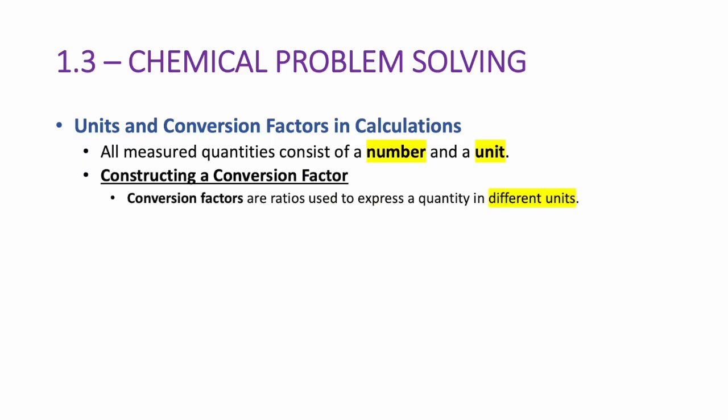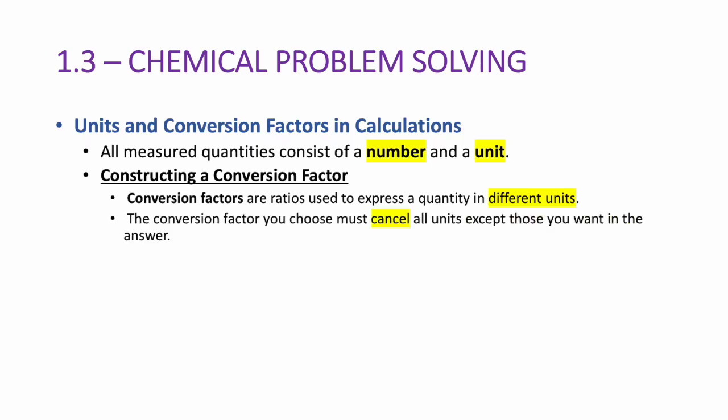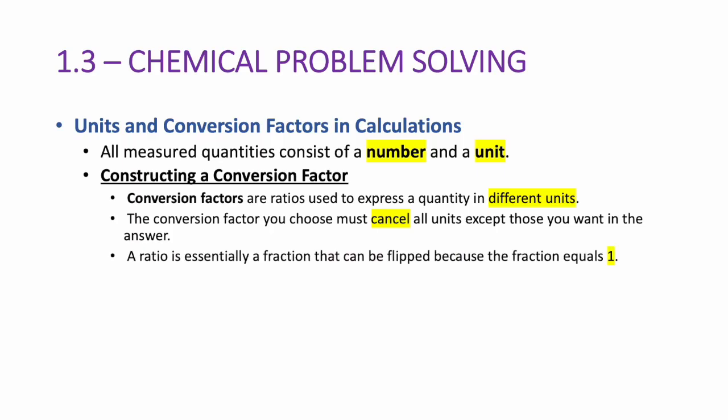When we're converting, we need to construct or use conversion factors, and they are ratios used to express quantity in different units. The conversion factor you choose must cancel all units except those you want in the answer. A conversion factor ratio is essentially a fraction that can be flipped because the fraction equals 1.